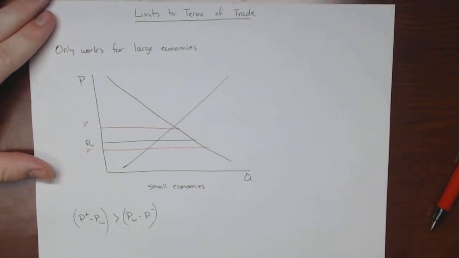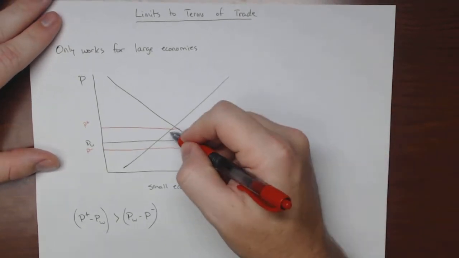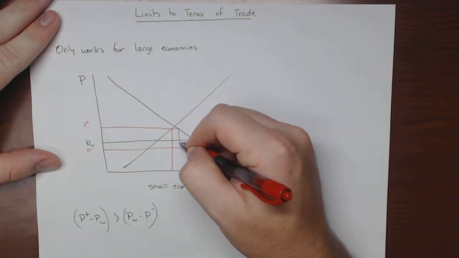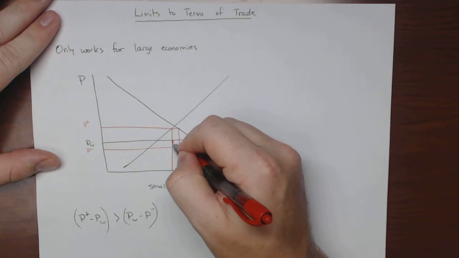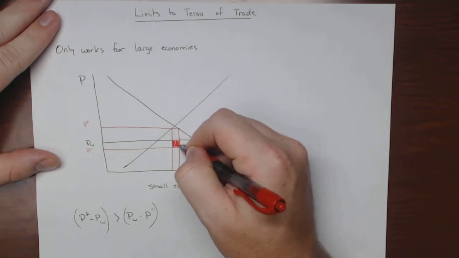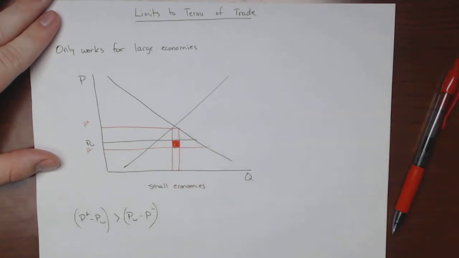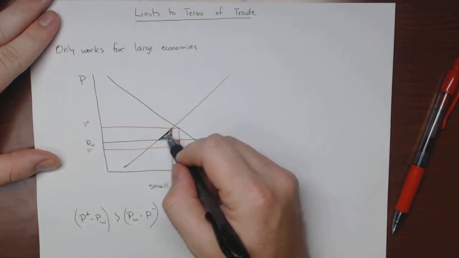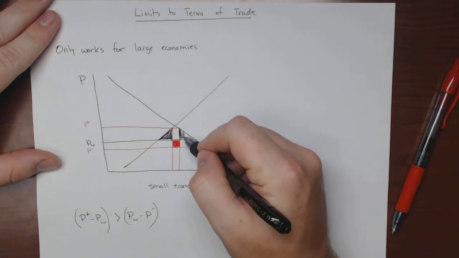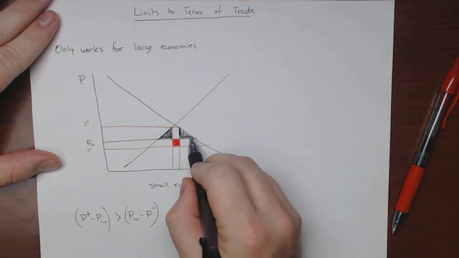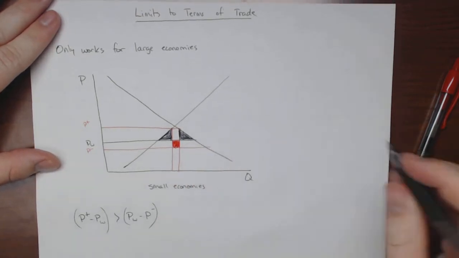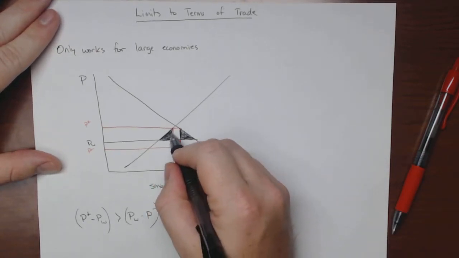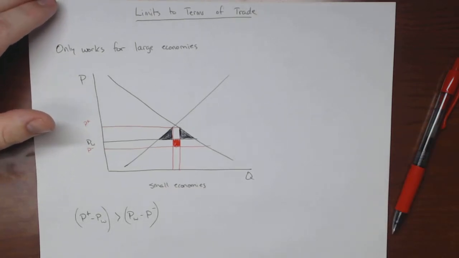Okay, and in that case, the deadweight loss triangles are going to be far bigger than this additional revenue from foreign producers. So here in small economies, the deadweight loss triangles associated with a tariff more closely resemble the efficiency arguments that free trade people tend to make.